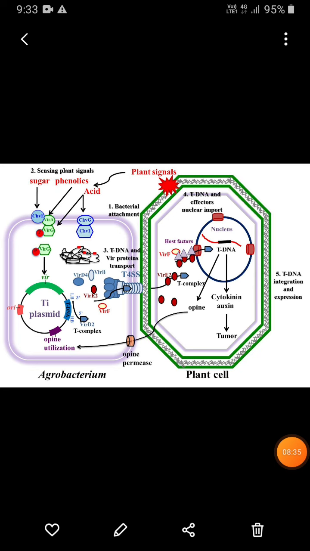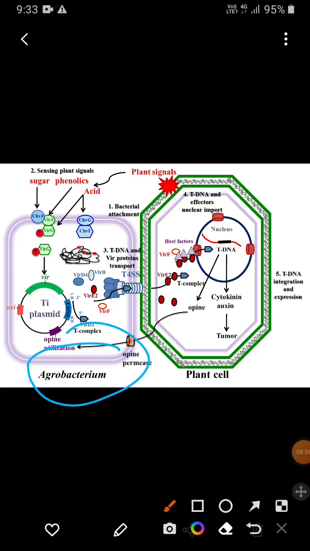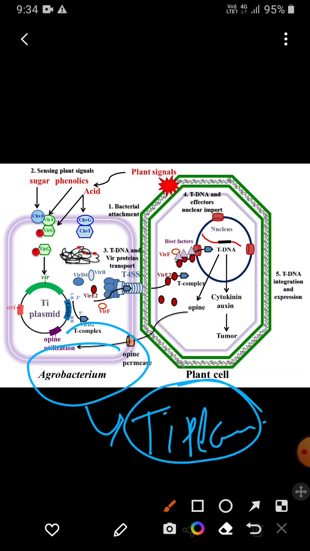Here we generally use Agrobacterium tumefaciens, and mainly the Ti plasmid present inside it plays an important role in the entire transfer mechanism. The Ti plasmid is involved in causing crown gall disease in plants by transferring the T-DNA with the help of the vir genes present inside the Ti plasmid.